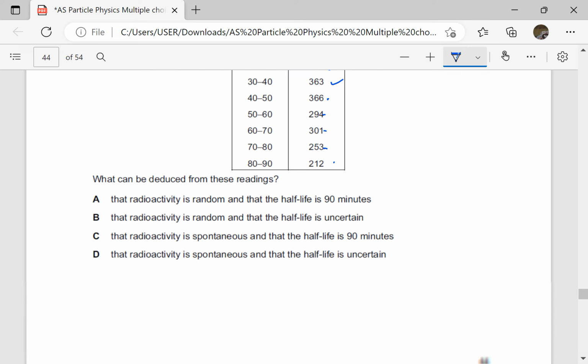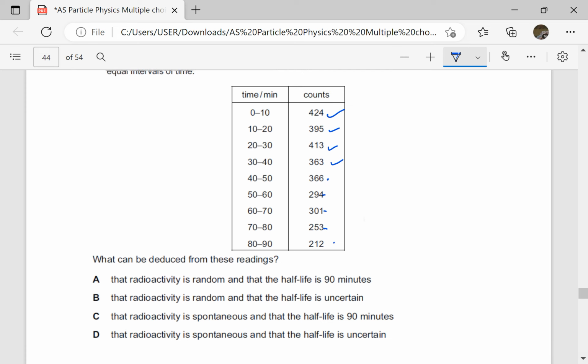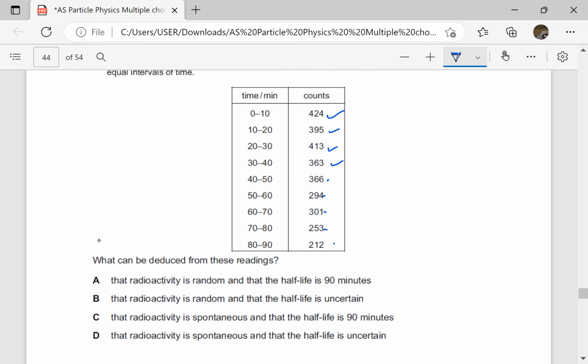So let's see the question. What can be deduced from these readings? The radioactivity is random and that the half-life is 90 minutes. Let's see, is the half-life 90 minutes? 424 divided by 2 is 212.